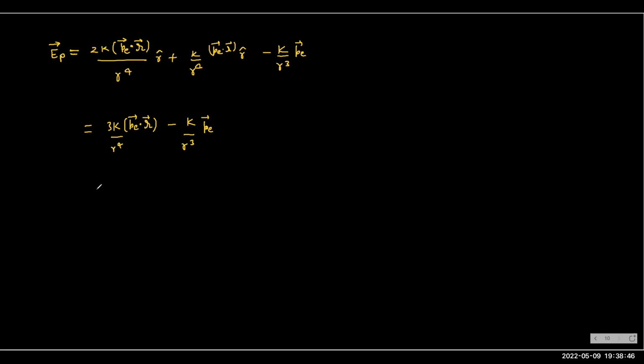So k by r power 4, if I take common, I get 3 times p dot r minus r into p. I have to think about something to write here, because r power 3 was there, so I write like this. So how to write this?